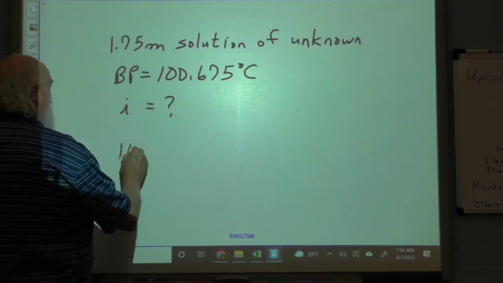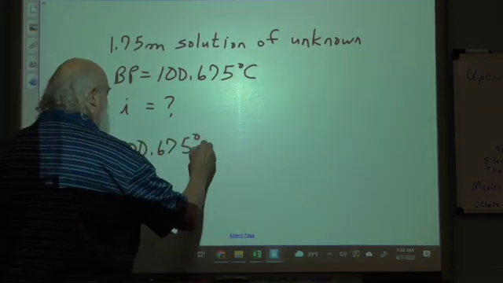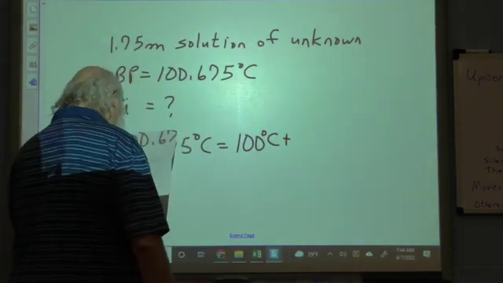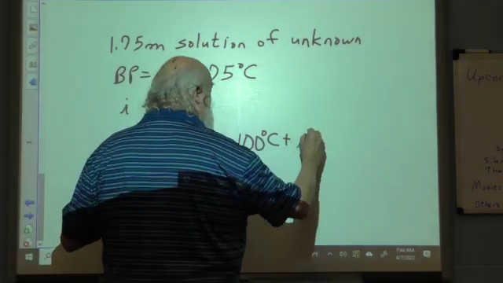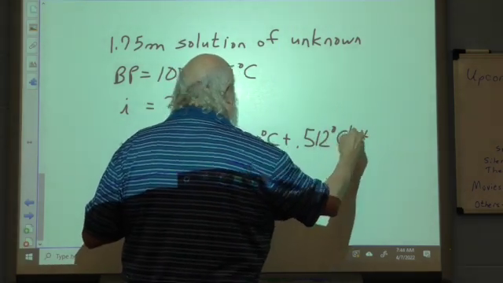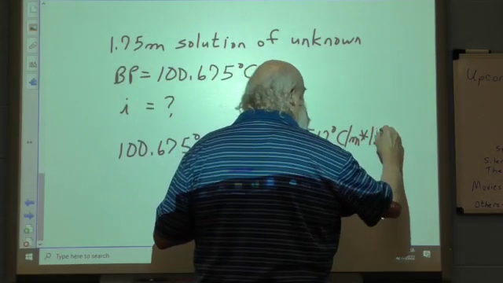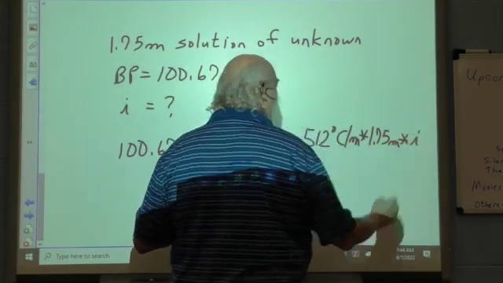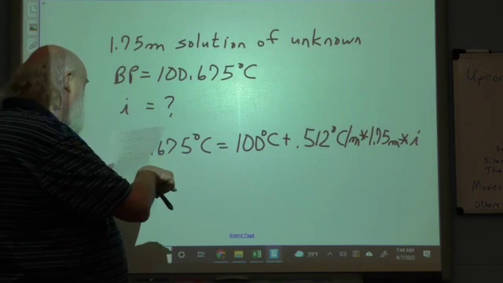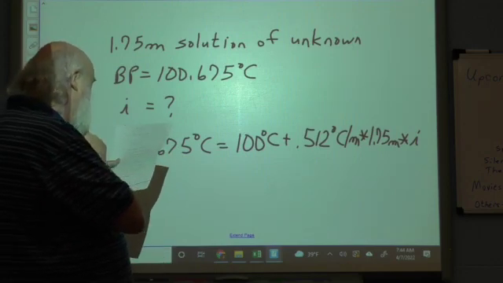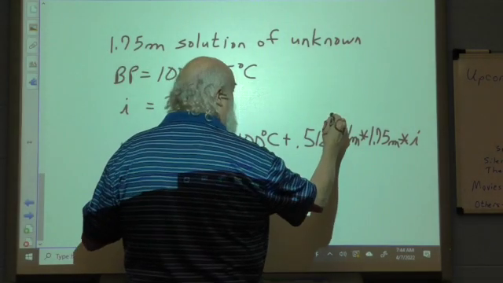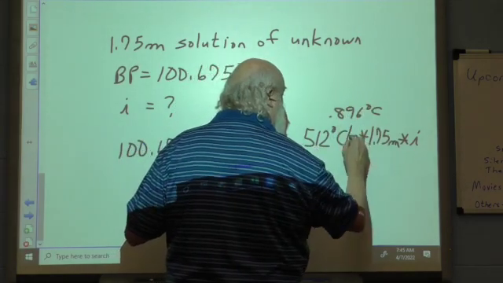So we got 100.675 degrees Celsius is equal to the original boiling point, which is 100 degrees Celsius, plus the Kb, which is 0.512 degrees Celsius per mole per kilogram, times the molality, 1.75 moles per kilogram, times our unknown I. So now, if I multiply those two together, I get 0.896 degrees Celsius, the moles per kilogram cancel out.